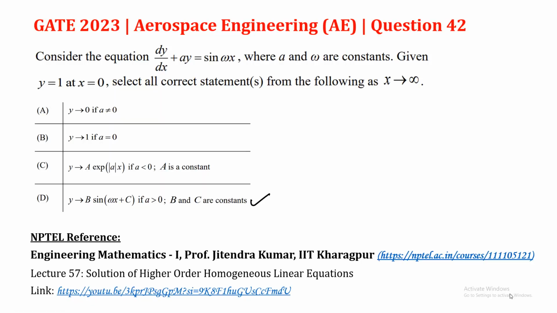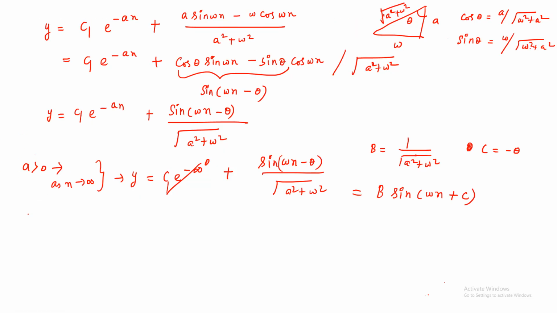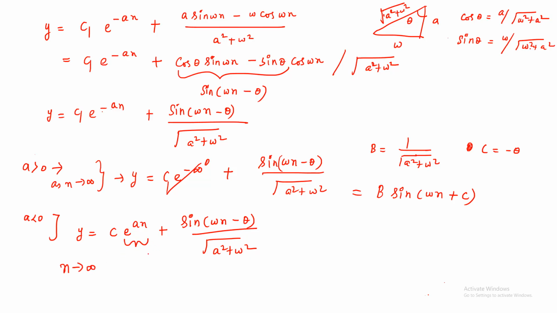Then if we analyze A less than 0, what will you get? y is equal to C1 e power, already minus is there, so if A is less than 0, this term will become positive, and then we will get sine omega x minus theta by root of A square plus omega square, right? So as x tends to infinity, this e power Ax will keep on growing. It will keep on multiplying and get a larger value exponentially.